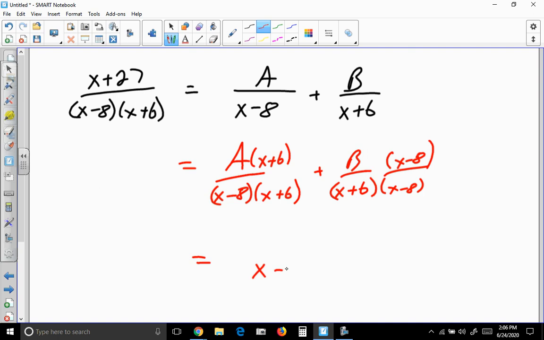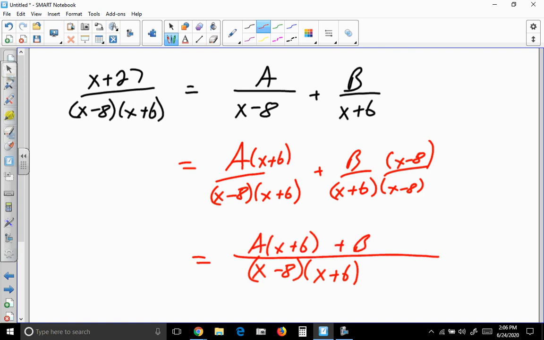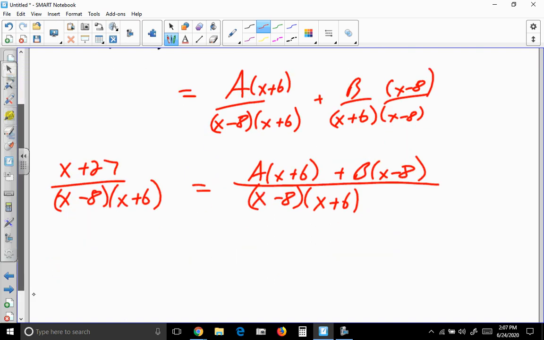So both fractions have x minus 8, x plus 6 on bottom. To put them together, we take the first numerator plus the second numerator. That should equal what we started with. And since those denominators match, the numerators also have to match. Otherwise, they wouldn't be equal.